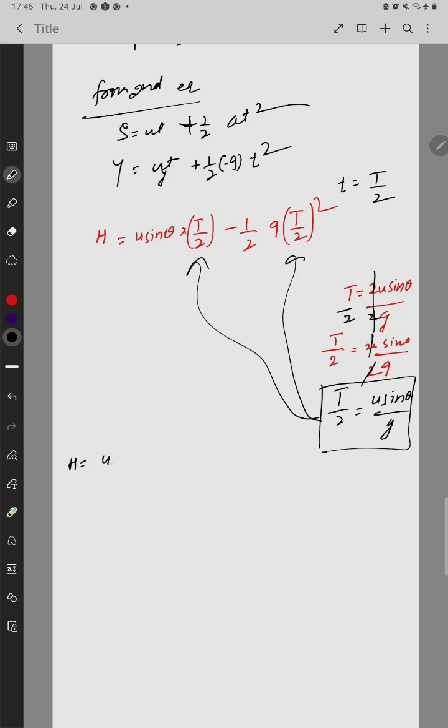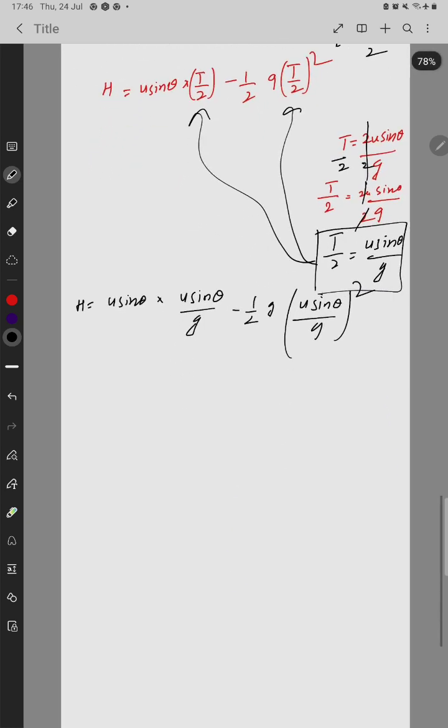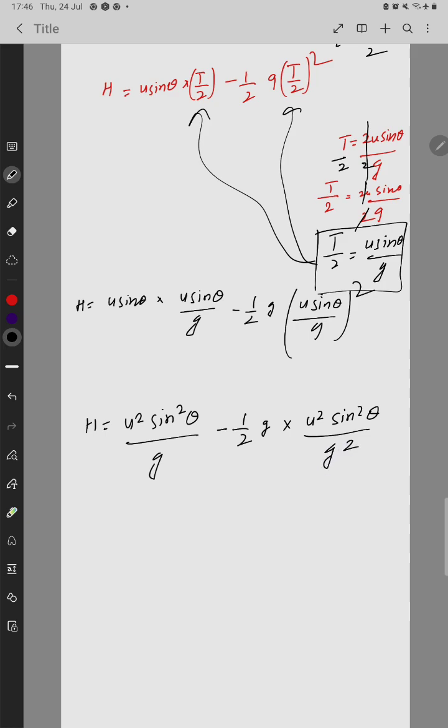So h is equal to u sin theta into u sin theta by g, minus 1 by 2 g, times (u sin theta by g) square. So h equals u square sin square theta by g minus 1 by 2 times g multiplied by u square sin square theta by g square. The g and g square cancel out.